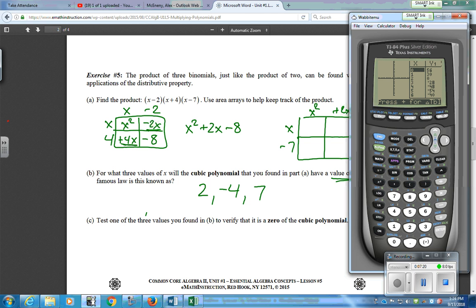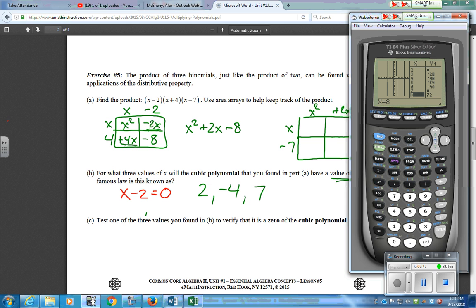Second graph. What I'm looking for is my cursor on the x-axis. That would represent a 0. So we talked about negative 4, so I'd have negative 4, 0. We have 2, 0 on the bottom of the screen, and then if I scroll down, we end up with 7, 0. So those are the answers. Algebraically speaking, it's just because if I want it to equal 0, the opposite value would have to give me that to get that 0 out.